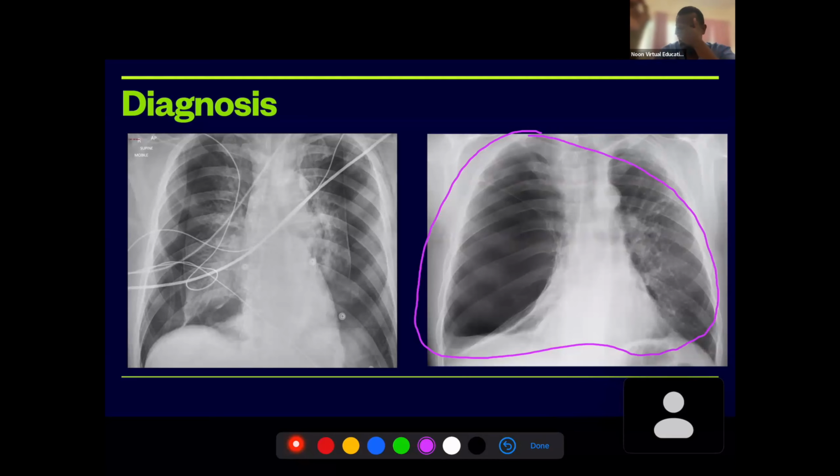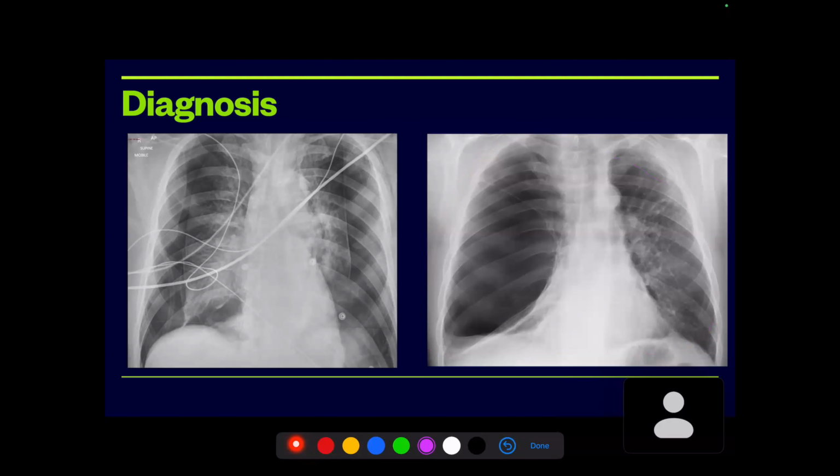Also pneumothorax. Right side, massive pneumothorax. Any other ideas? Any other comments? Do you agree? Right side, large bulla with hydrothorax.